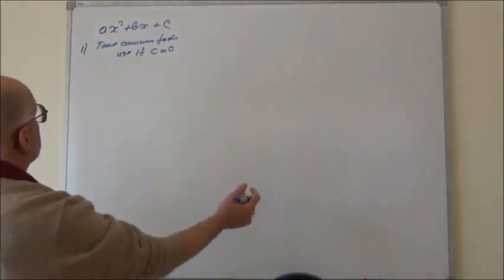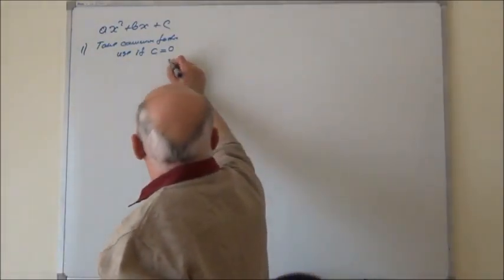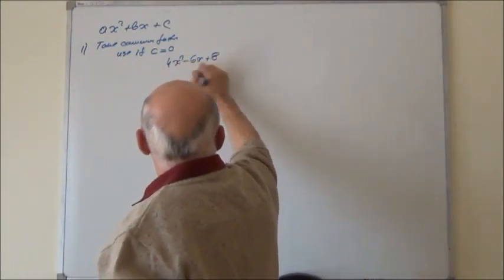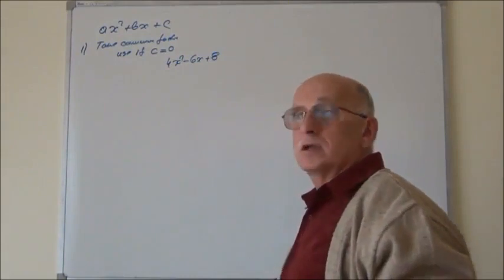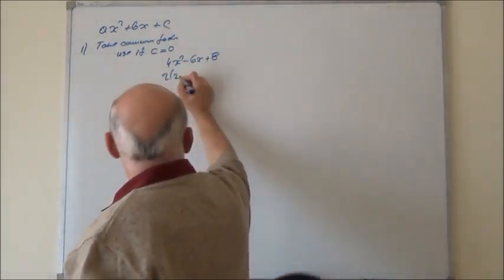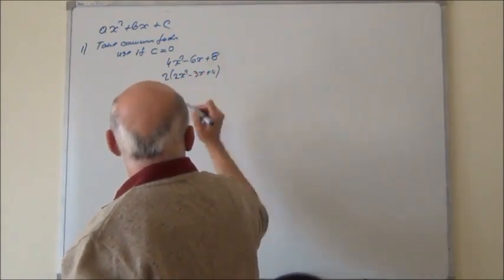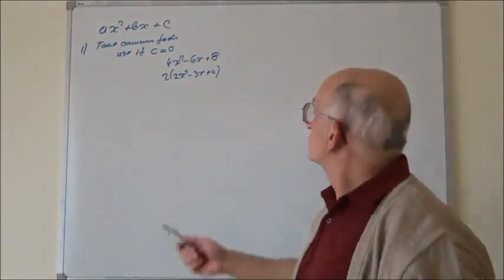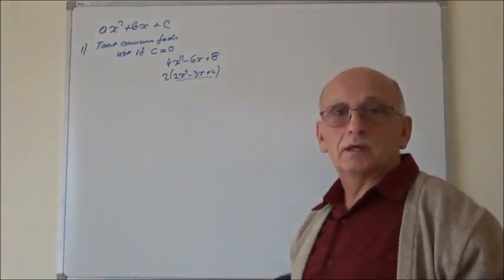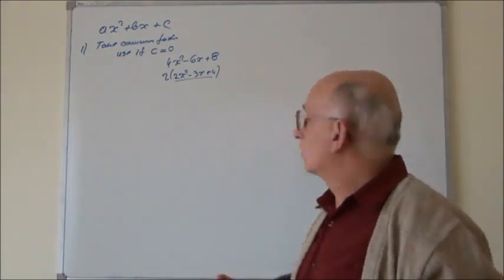Also, if c is different than 0, let's say one example, if we have 4x squared minus 6x plus 8, we can still take a common factor 2, but we didn't do much, because in brackets we still have one quadratic trinomial that we didn't factorize completely.